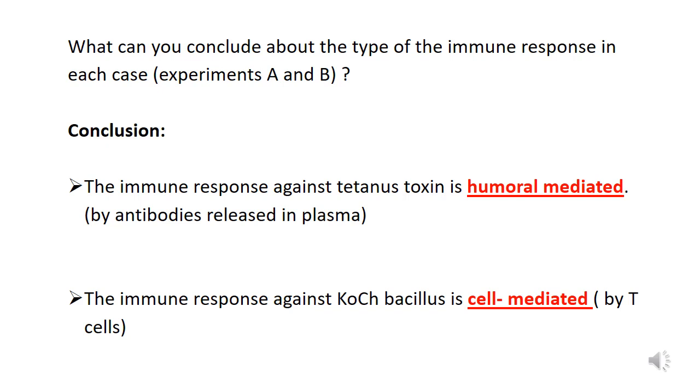So when the immune response against an antigen is done by antibodies found in the serum, this immune response is called humoral immune response. While the immune response against Koch bacillus, that is in experiment B, is cell-mediated immune response, which means it is ensured by cells like T lymphocytes.